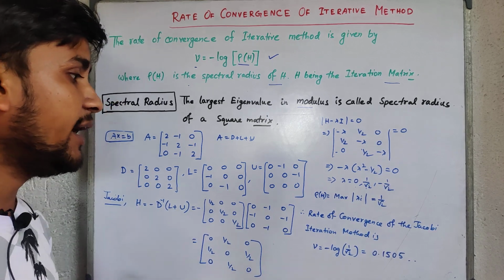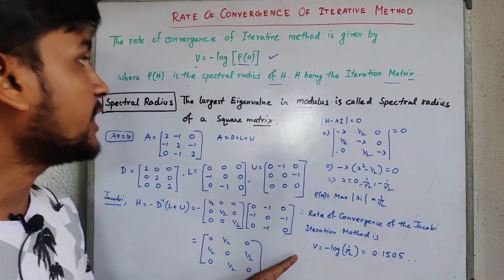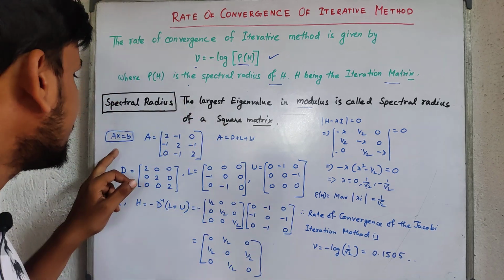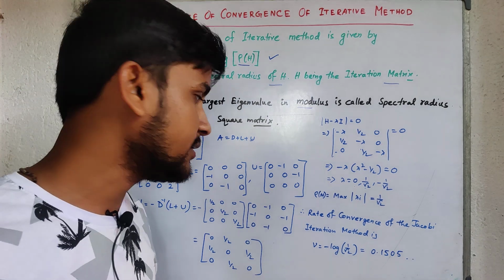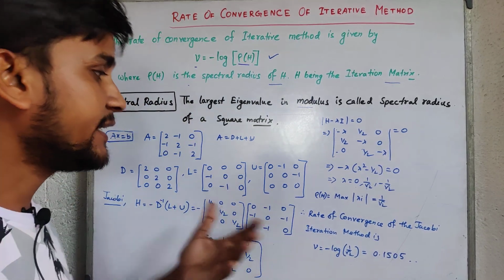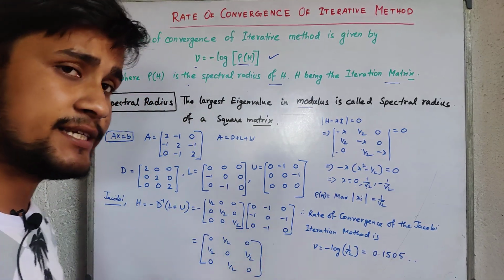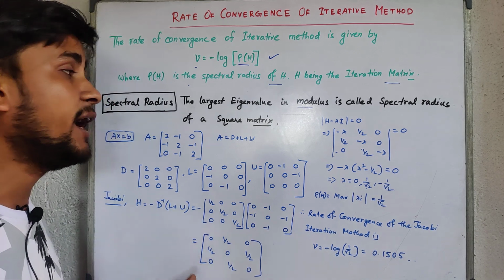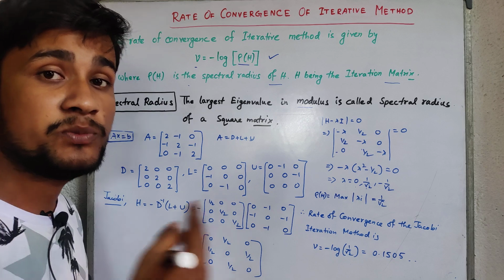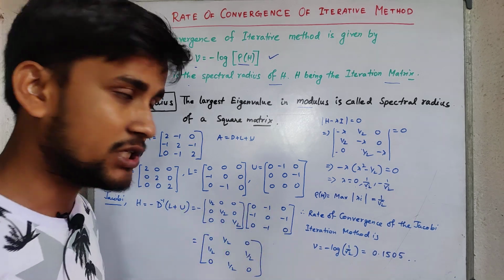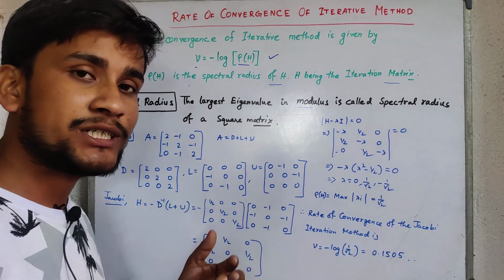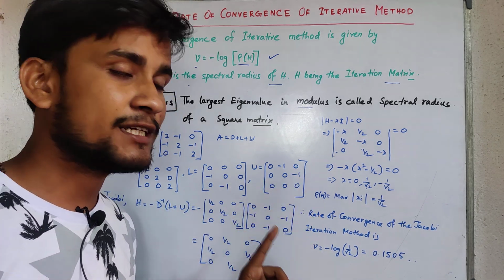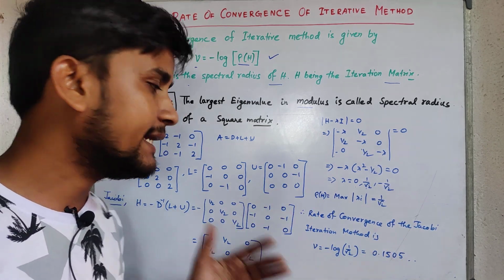So that is how we can find the rate of convergence of the Jacobi method, or of an iterative method. Here I took the Jacobi iteration matrix. You can take this example as the Gauss-Seidel method too, and in an exam if it asks you to find the rate of convergence of the Jacobi iteration method or the Gauss-Seidel method, then you just have to change the procedure to calculate the Jacobi iteration matrix or the Gauss-Seidel iteration matrix.